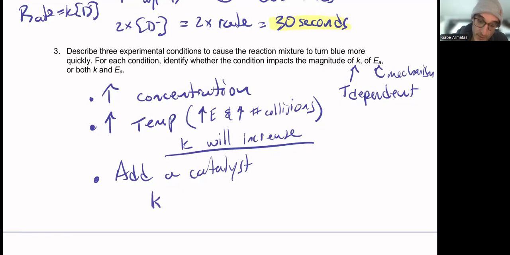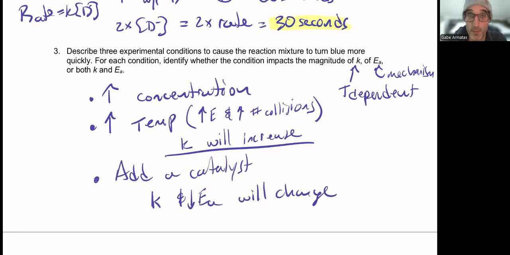Because it's a completely new route, k and activation energy will change. k is going to change somewhat because it's a new route, but activation energy is generally going to decrease. It should decrease activation energy, but it will change the magnitude of k. k may be bigger or smaller, depending on what else is involved in the reaction. So adding a catalyst will affect both.